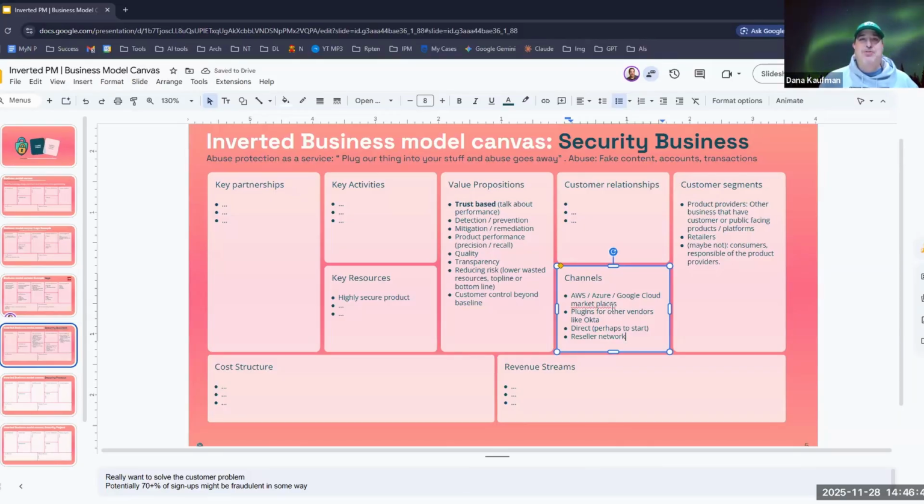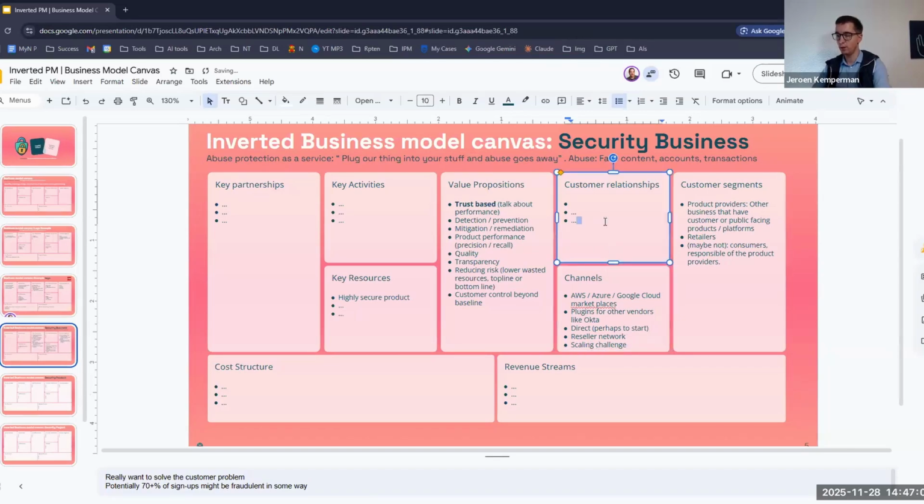I think we need to include that as part of the security business, because it's one of the major ways to grow a security company. Direct sales costs a lot of money for a security company. Yeah, so I'm going to write scaling challenge.